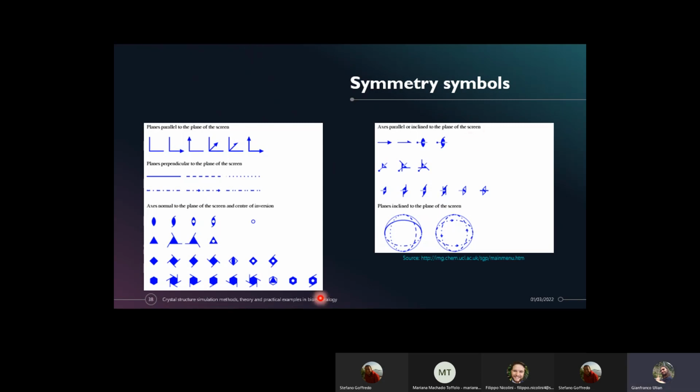This is something that you see in the crystallographic tables. For example, these are the symbols of the axes, of the planes parallel to the plane of the screen, or the planes perpendicular to the plane of the screen or of your book.